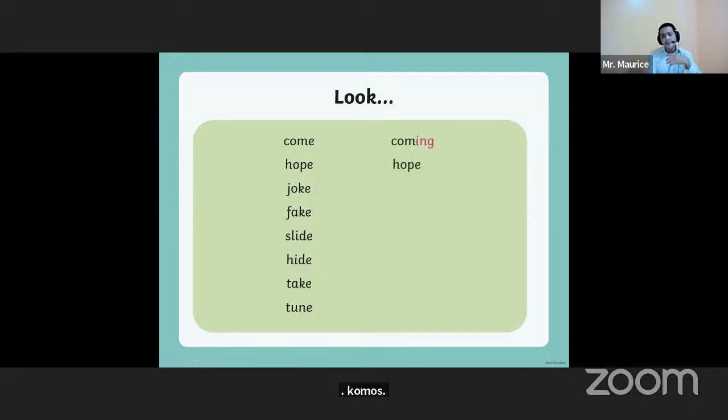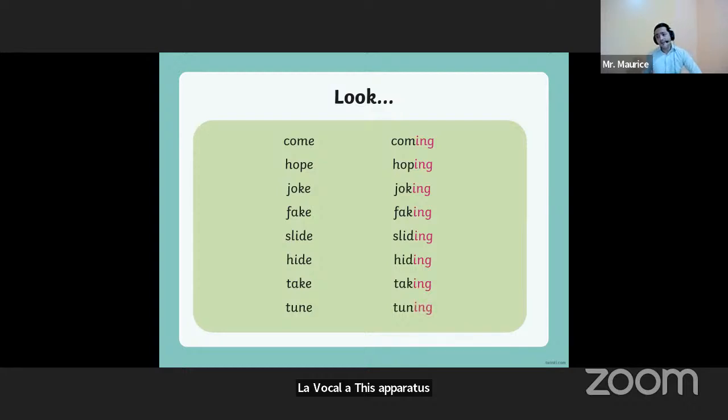Como usted observa, a estos tipos de verbos, al momento de añadir el sufijo ing, la vocal E desaparece. You see? Coming, hoping, joking, faking, sliding, and so on. That's perfect. Let's continue.